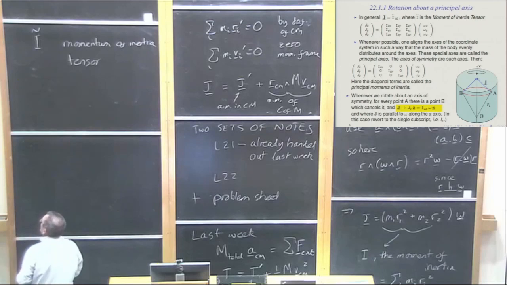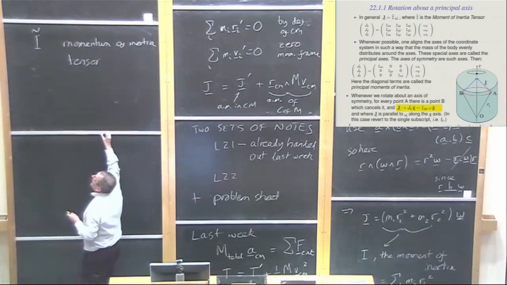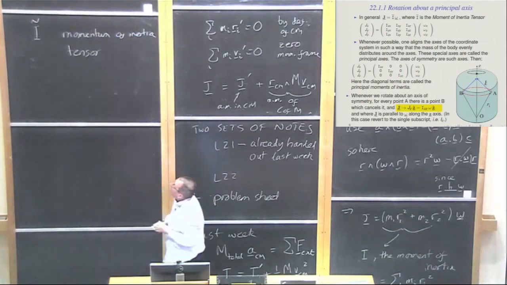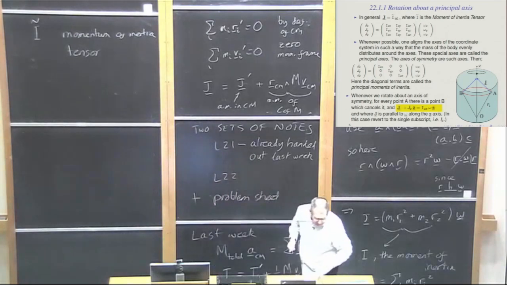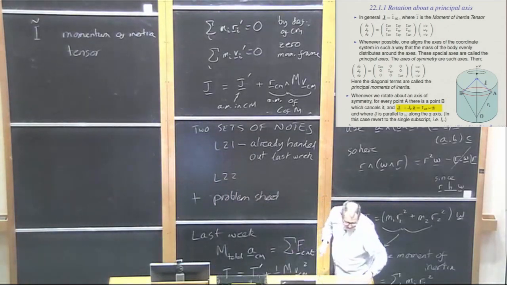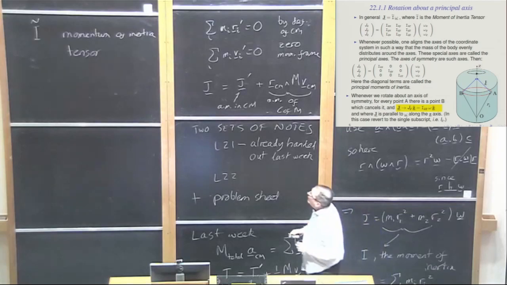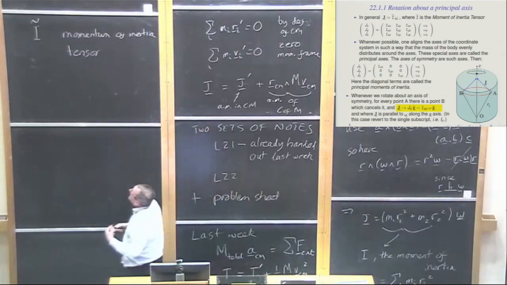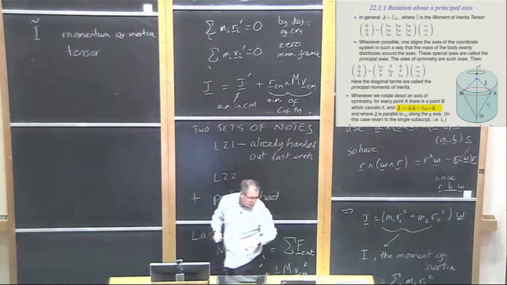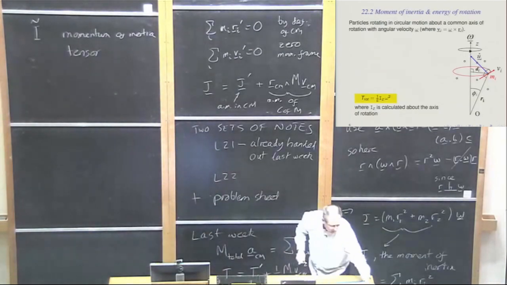So a moment of inertia evaluated around a single axis. And that is much cuddlier and easier to deal with than a full-blown tensor.